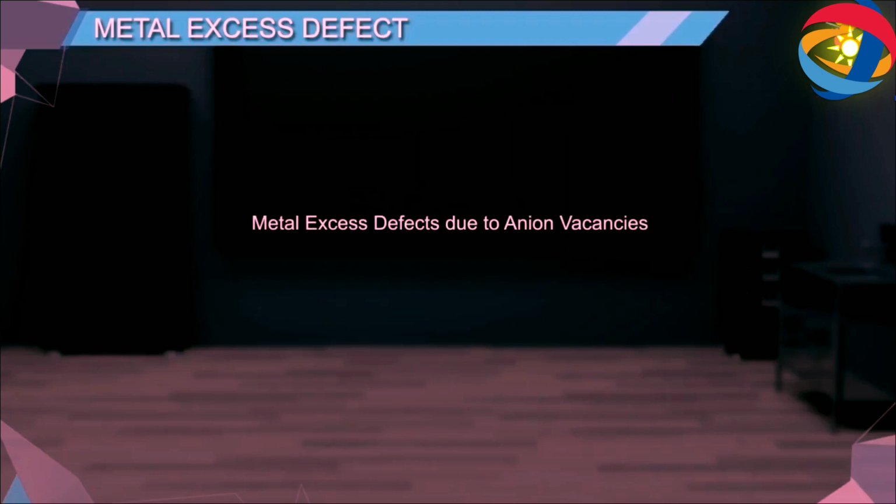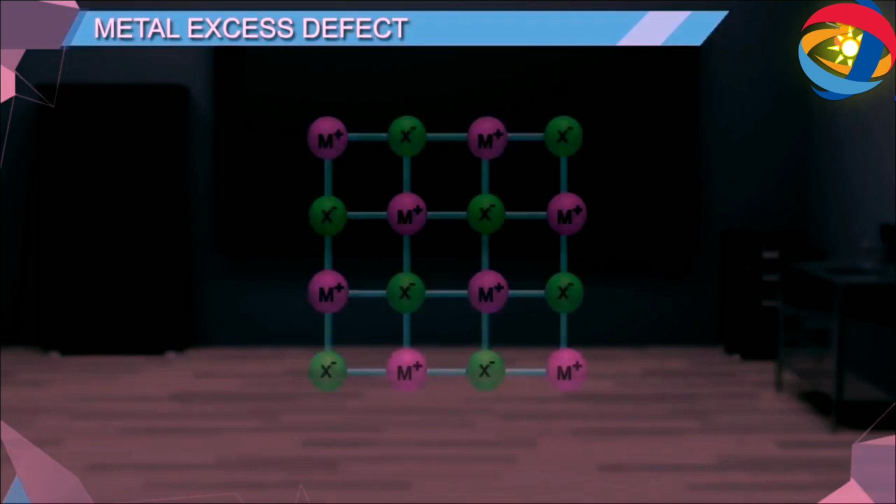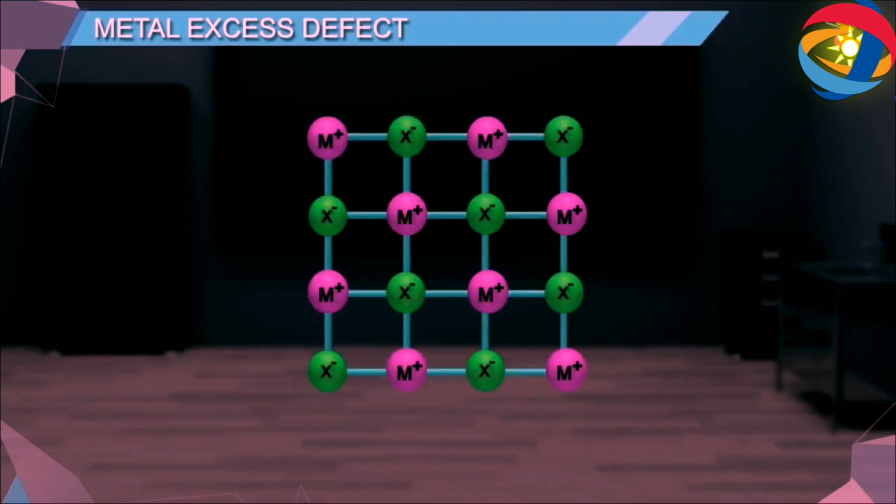Metal excess defect due to anion vacancies. In an ionic solid, an anion may be missing from its lattice site, leaving a hole which is occupied by an electron to maintain electrical neutrality.